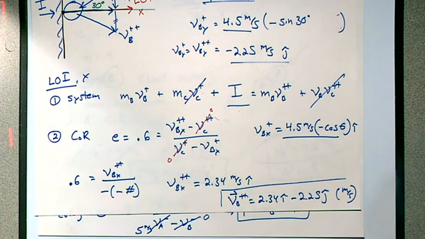Opposite over adjacent. 2.25 over 2.34. 44.1 degrees. Maybe I screwed that up.